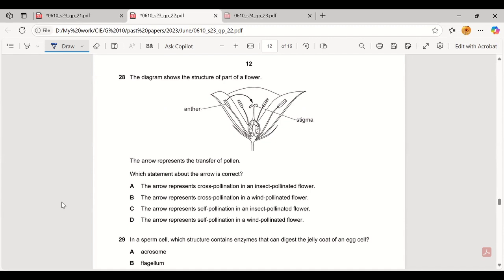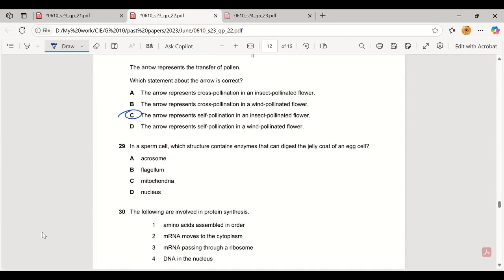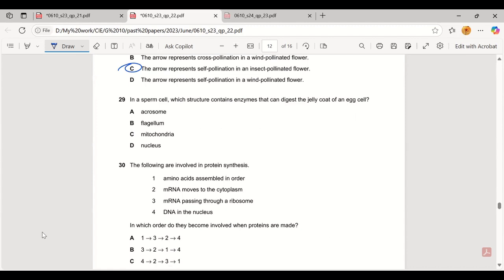Is it C? Yes. In a sperm cell, which structure contains enzymes that can digest the jelly coat of an egg cell? Michelle? Acrosome. Acrosome, yes.